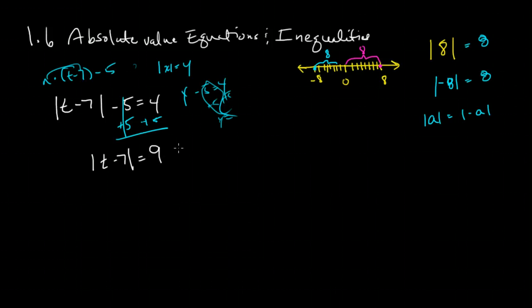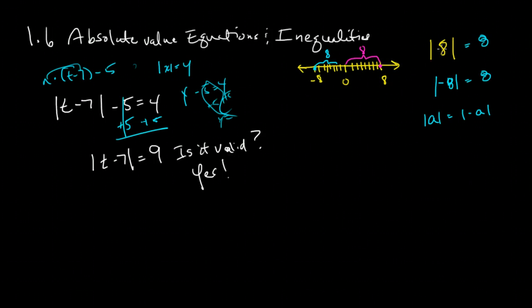So first of all, we have to ask, is it valid? In order to answer that, we need to know that an absolute value, as stated up here, has to be a positive number. So yes, we do have a valid absolute value equation, because 9 is in fact positive.